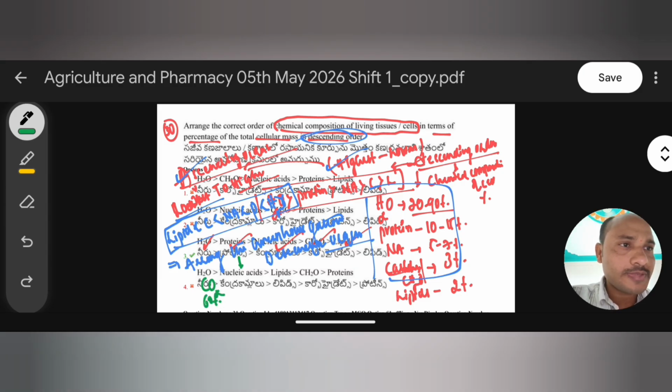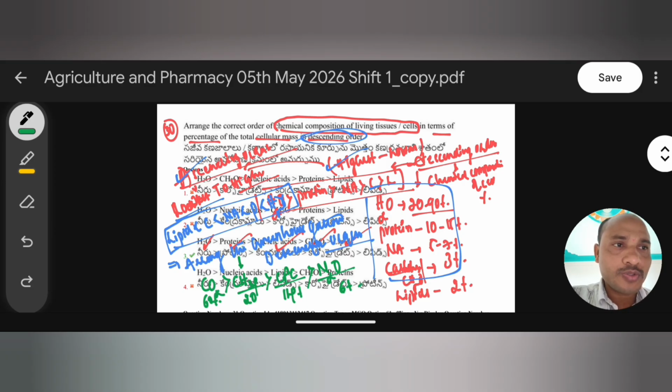Then methane, CH4, 20%. Then chlorofluorocarbon, CFC, 14%. And last, nitrogen oxide, 6%. These are the values responsible for the greenhouse effect.